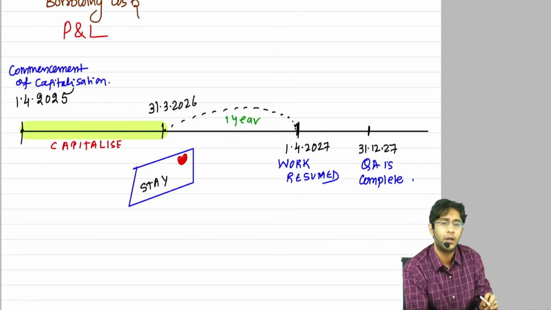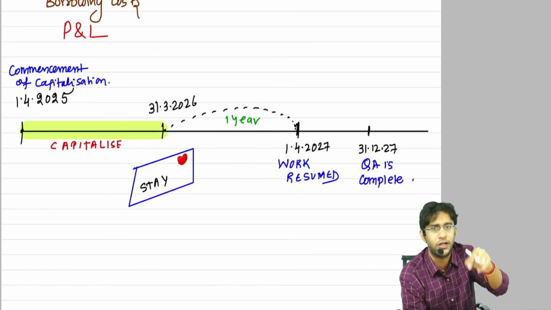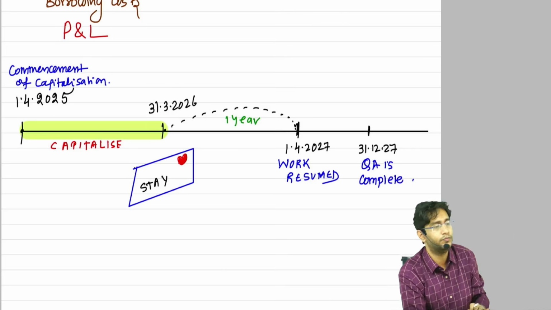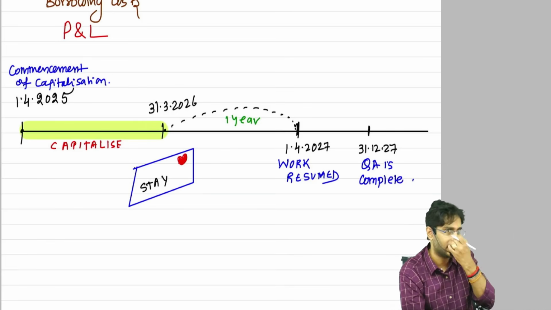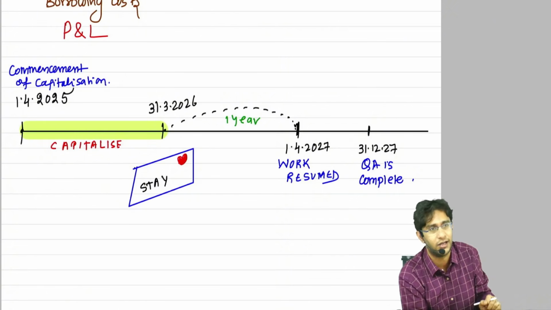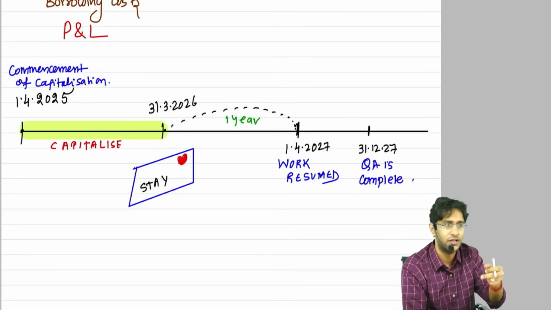tell me, sir, is work in progress? No, work is not in progress. Is expenditure incurred on the qualifying asset? No. Are borrowing costs incurred? Yes. Can you go and tell the banker that work is not happening, so I will not pay interest? He'll keep quiet? No. Even though you are incurring borrowing cost, the other two conditions have failed.